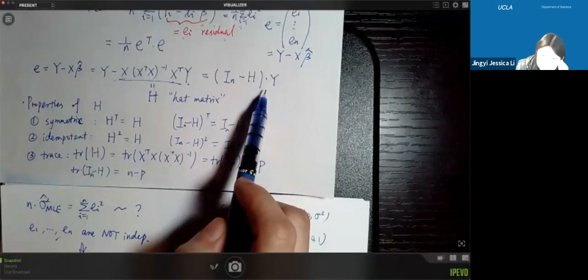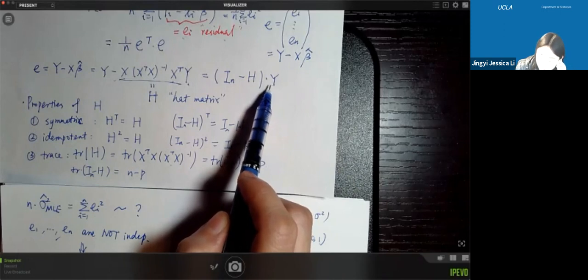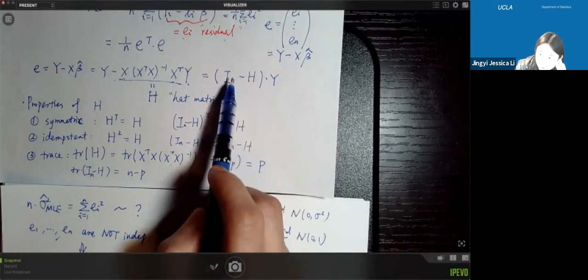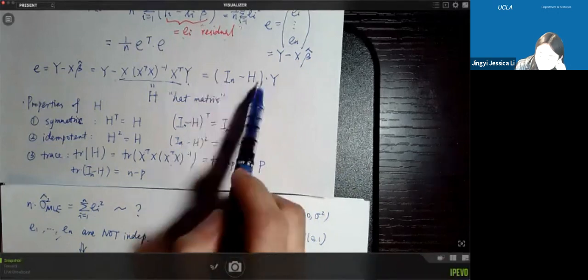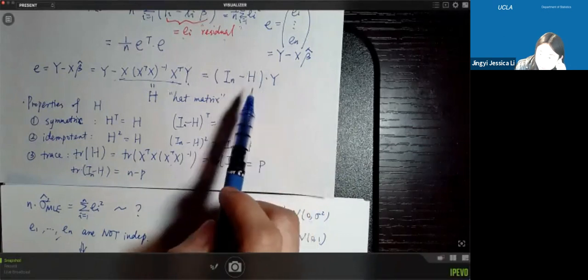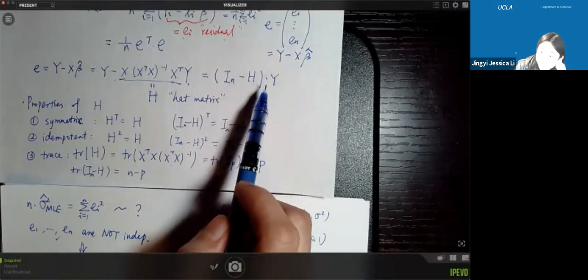If I have the average of y1 to yn, I call that y bar. That's equivalent to a row vector of 1 over n multiplied by y. That will give me the average. In that case, what will be the degrees of freedom of y bar?